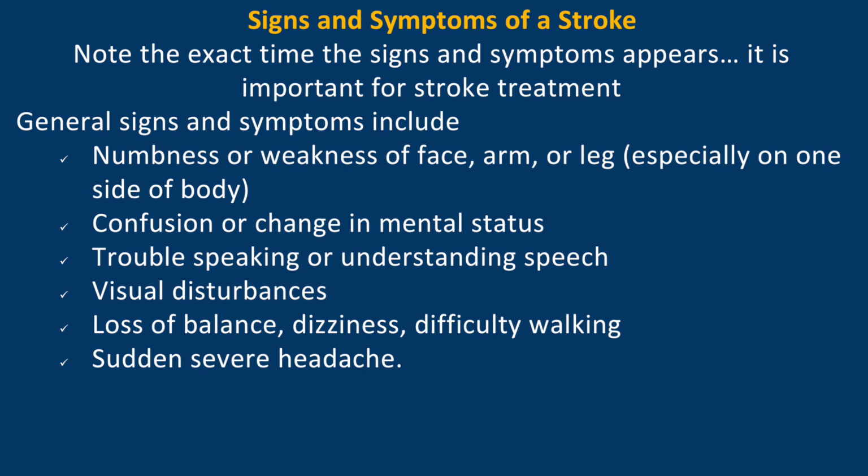The general signs and symptoms include numbness or weakness of face, arm or leg, especially on one side of the body, confusion or change in mental status, trouble speaking or understanding speech, visual disturbances, loss of balance, dizziness, difficulty walking, or sudden severe headache.